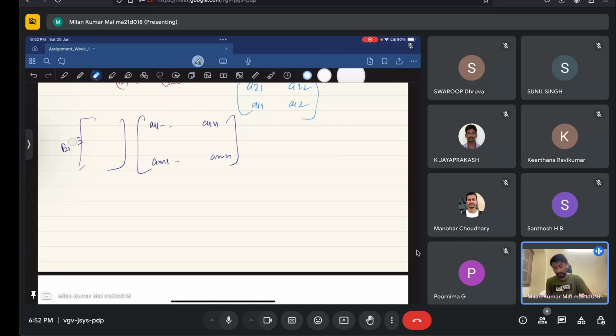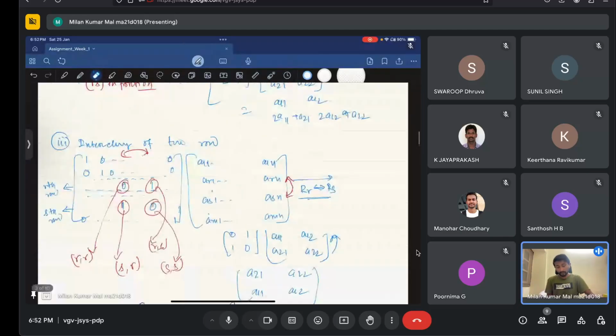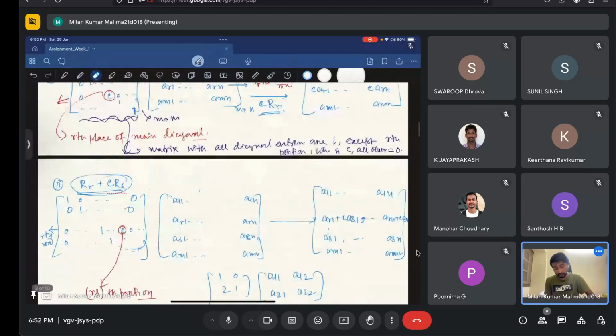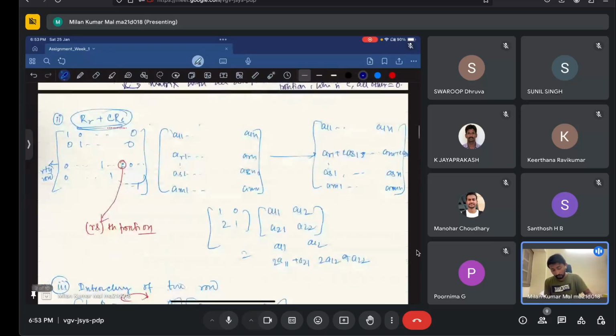This type of matrices are there. So this is what elementary operation means. If we do a finite number of operations, each of these matrices is invertible.